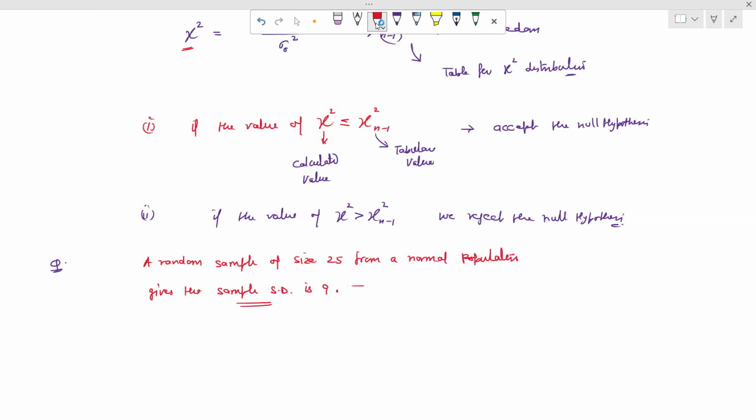So test the hypothesis that the population standard deviation, अब यहाँ पर दे रखा है population standard deviation is 10.5.